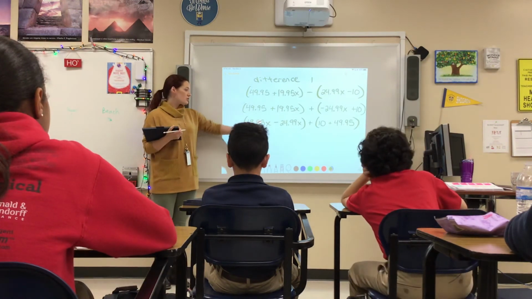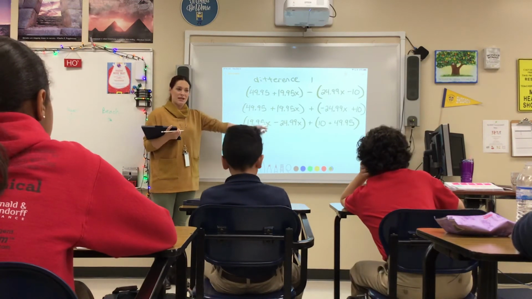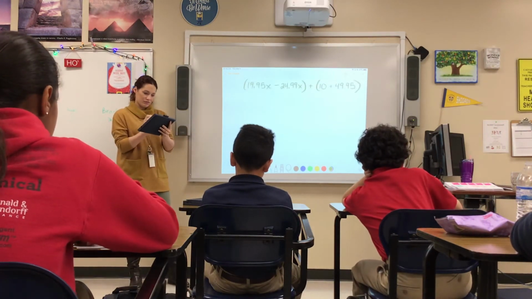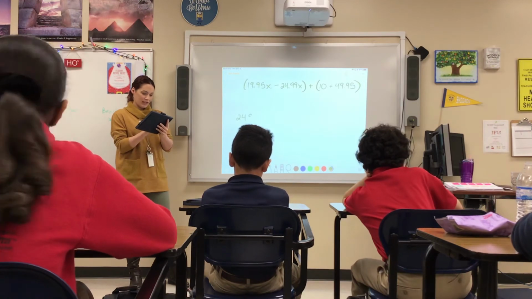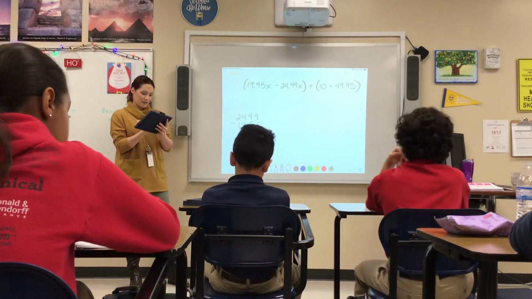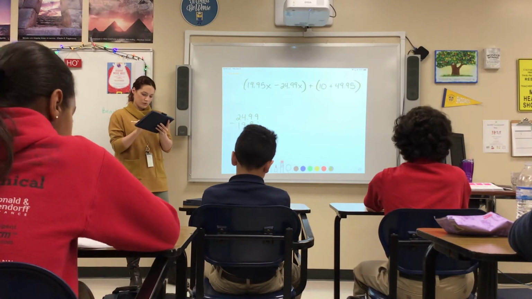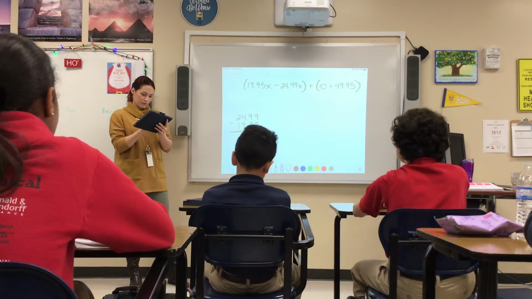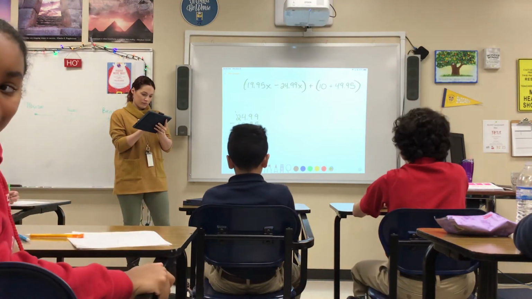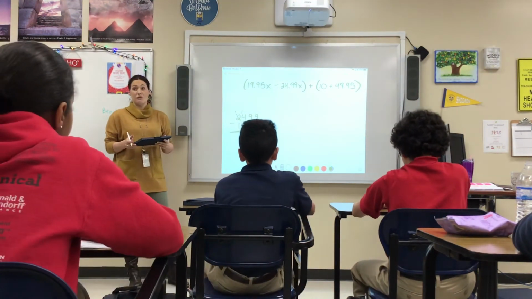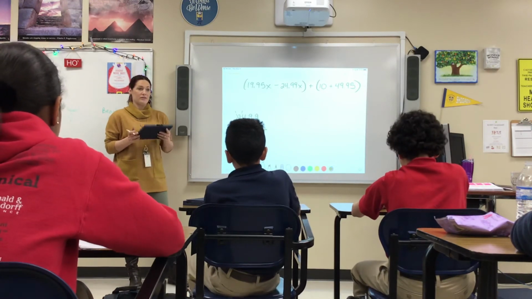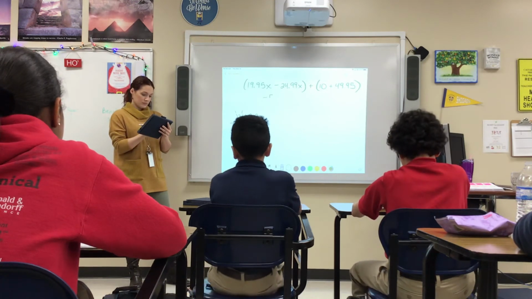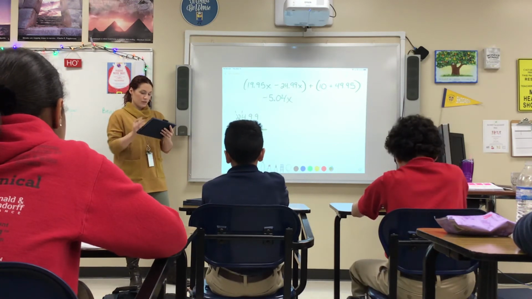So we would use subtraction to solve this, but it's gonna be in the other order because the bigger one is second. So we would do 24.99 subtract 19.95. And you get $5.04, but negative $5.04. So that's what that gives us.